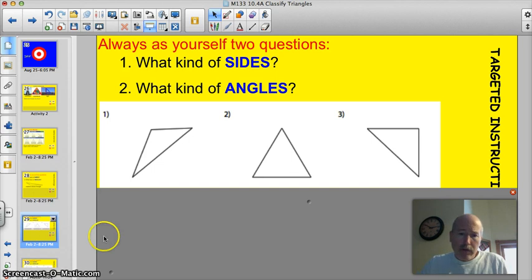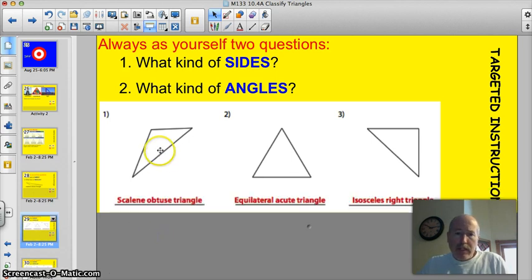Well, triangle number 1, this is a scalene triangle. All sides are different, and obtuse because it has one obtuse angle. This one here is an equilateral triangle. All sides are equal. That means all angles are going to be equal too. So equilateral and acute, 60, 60, and 60.